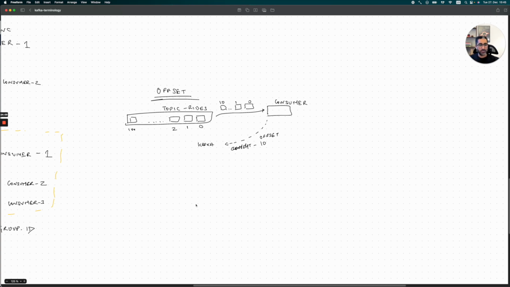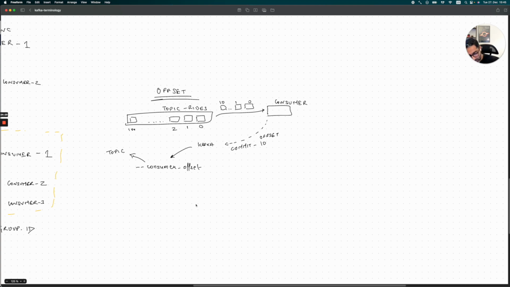What Kafka does is store this information in another topic, which is called the __consumer_offsets topic. So this is itself a topic inside Kafka. It's an internal Kafka topic.